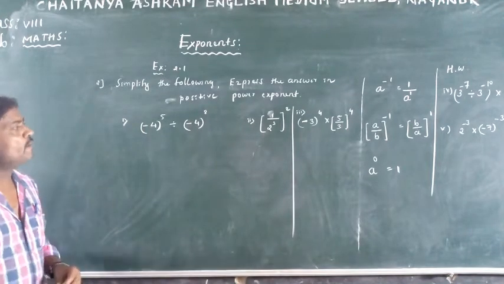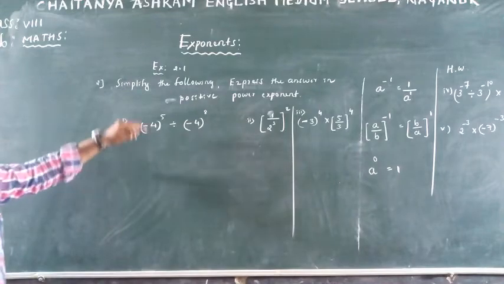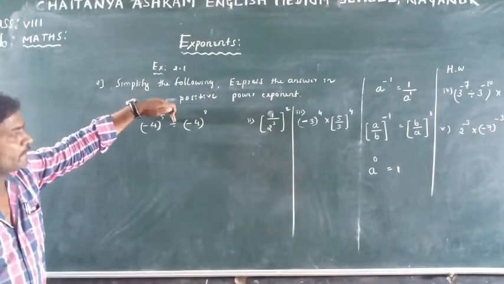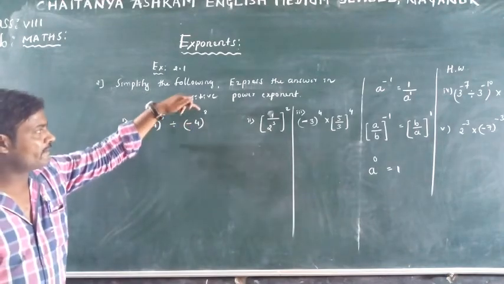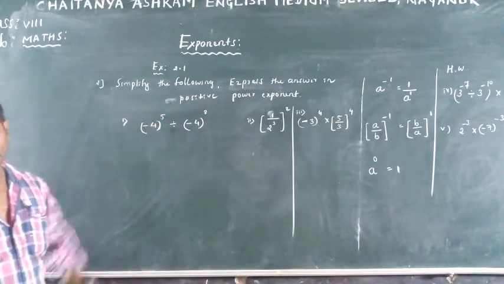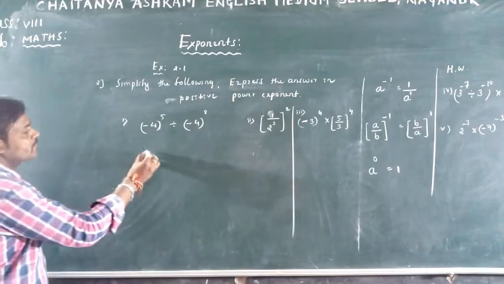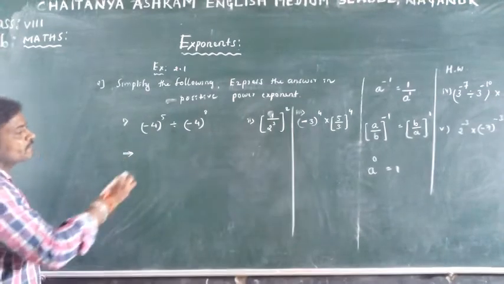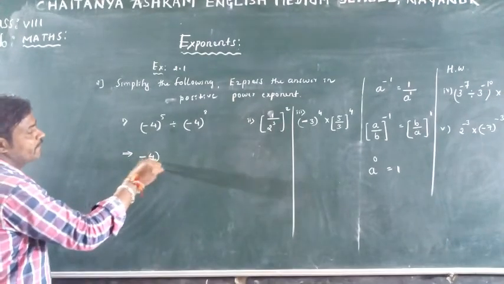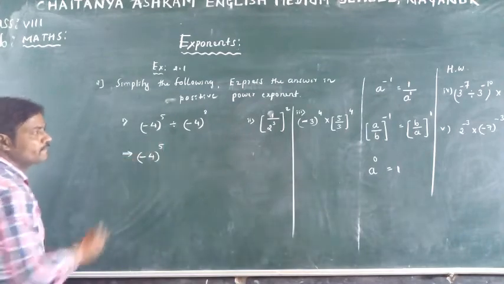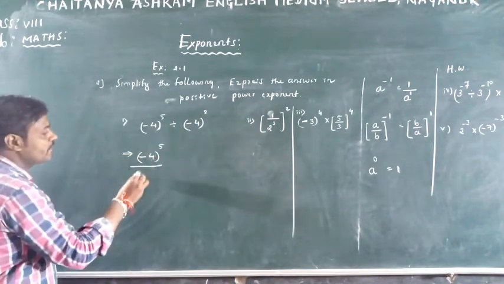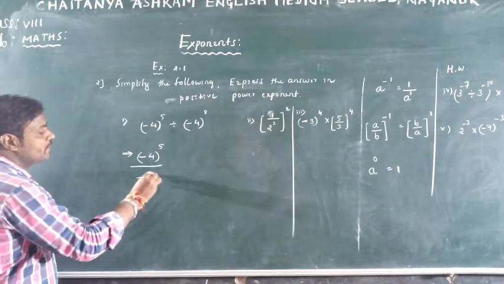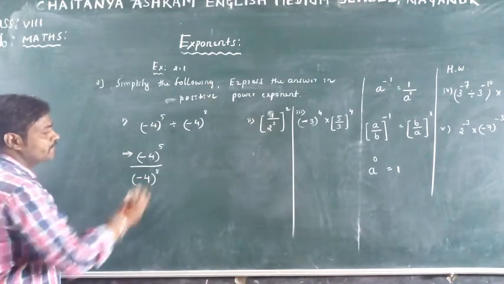So minus 4 raised to the power 5 divided by, its symbol is the divided by symbol, minus 4 raised to the power 8. This is same as minus 4 raised to the power 5 divided by minus 4 raised to the power 8.